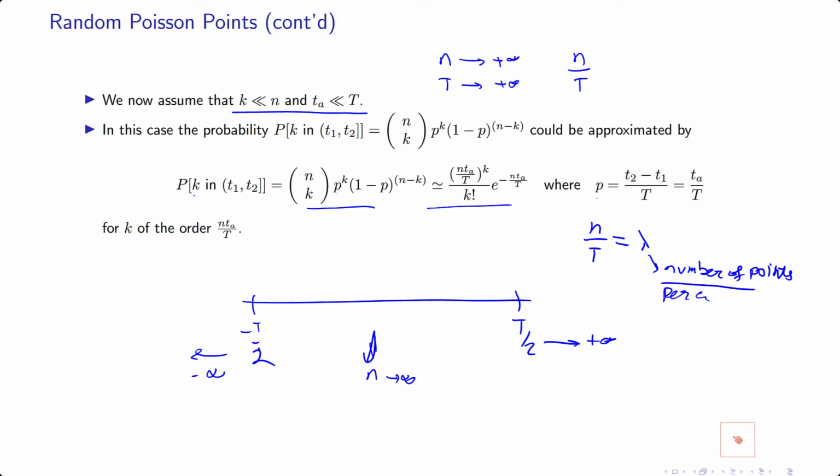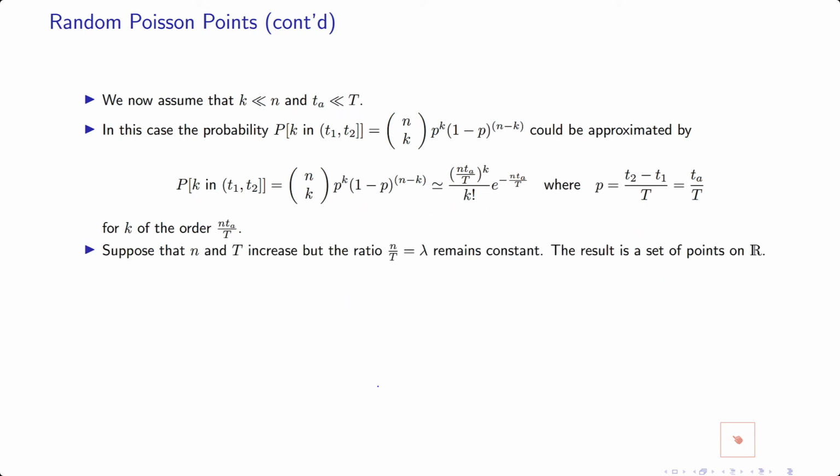So k here could be 0, 1, 2, etc. K should be obviously smaller than n, but since n becomes infinity, so you have this distribution. So remember that here k could take values from 0, 1 to infinity. So this distribution is called Poisson distribution. And then you could have points on the real line.